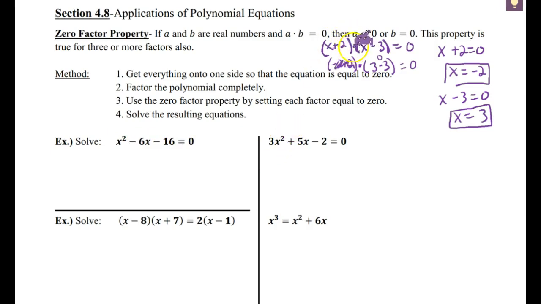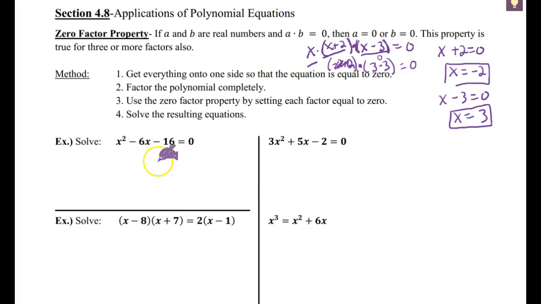And once they are factors, so things being multiplied, then either one factor or the other factor, or if there's more factors, one of them has to be 0 to multiply and equal 0. So each factor has to be set equal to 0, and we solve to find the variable.